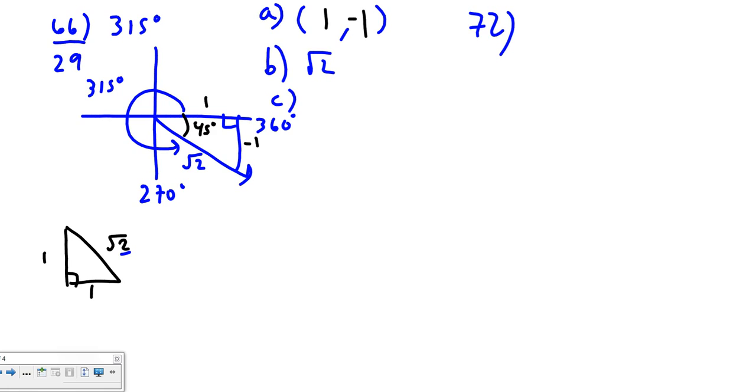C. What is the coterminal angle to 360? Coterminal angle is, again, where the absolute value is at 360. So I already marked that in, it's 45, but I have to remember it's negative. Negative 45 degrees.